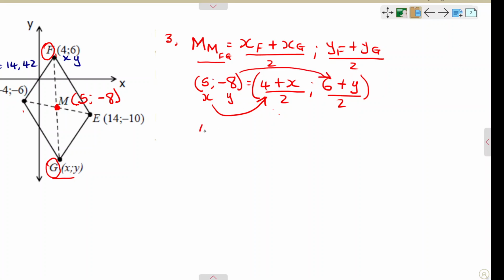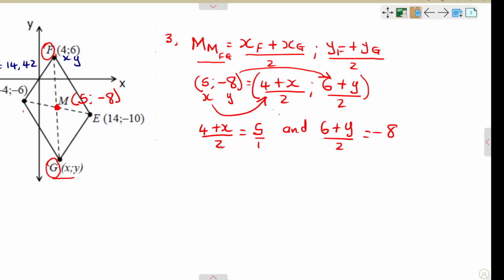So I'm going to say here 4 plus x over 2 is equal to 5, and 6 plus y over 2 is equal to negative 8. Because I know the y-coordinate is negative 8, so it goes with it. All of this represents the y-coordinate, and all of this represents the x-coordinate. So remember, this 5 is over 1, so I have to cross multiply here.